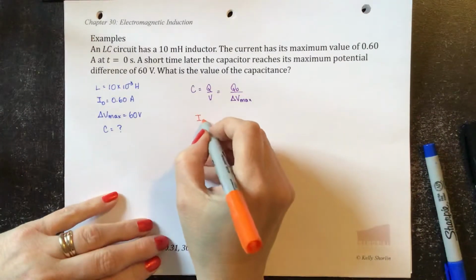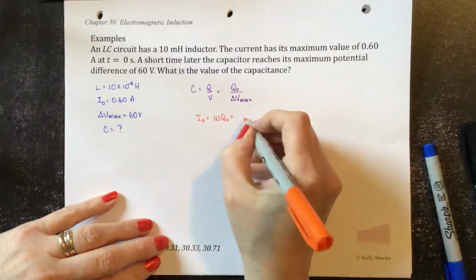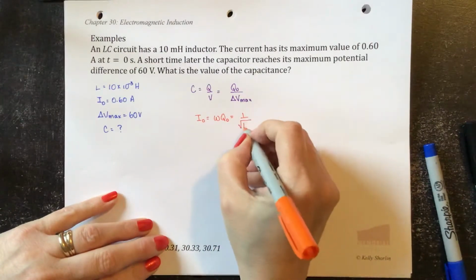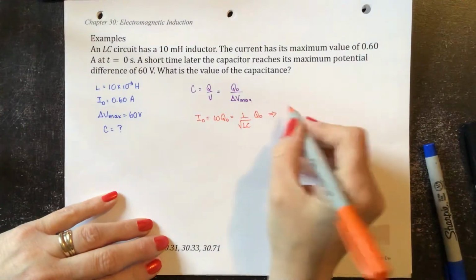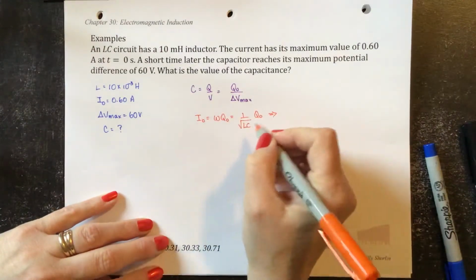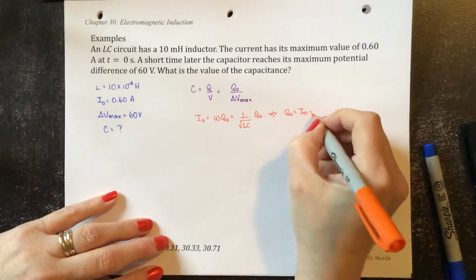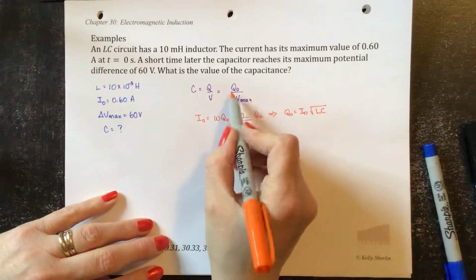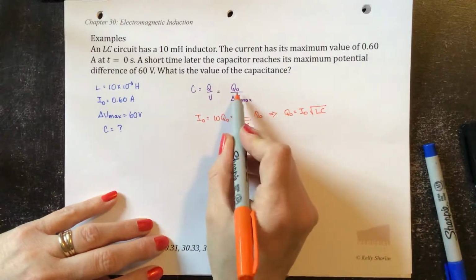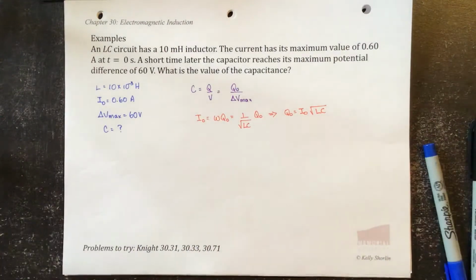We know that I0 is given by omega times Q0, where omega is 1 over root LC. This means we can solve for Q0 in terms of I0: Q0 equals I0 times the square root of LC. If we put this expression in the other, then we should be able to solve for C. So let's try that.